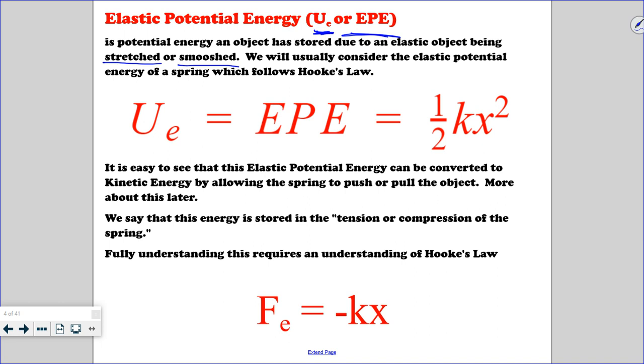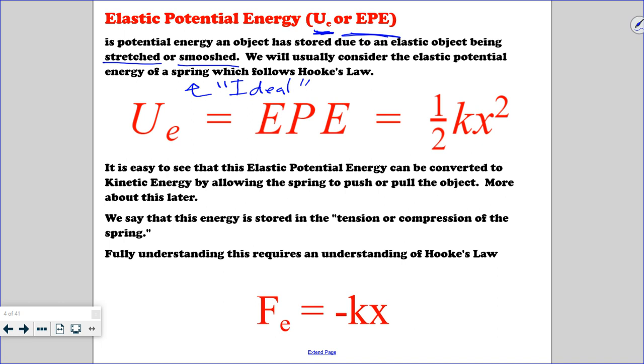Usually this year we're going to consider the elastic potential energy of a spring which follows Hooke's law. A spring that follows Hooke's law is called an ideal spring.